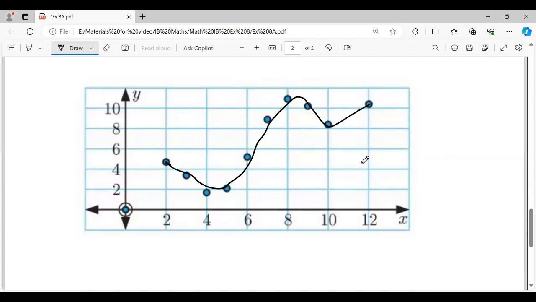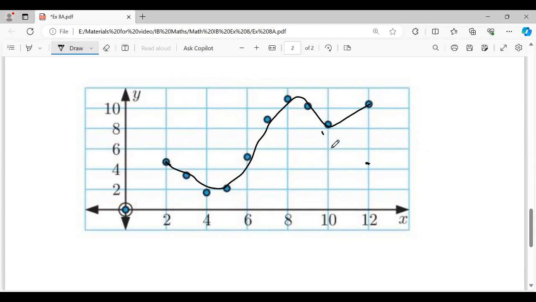If it went to 4.5 again, or to this coordinate point, we could say that this graph would repeat. If it went like this and again went to the upside, we could say that this graph is a periodic graph, but on this condition, this graph is not a periodic graph. That's number 3B of this exercise.